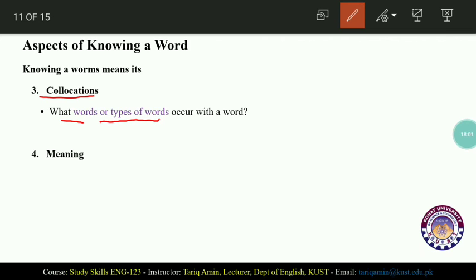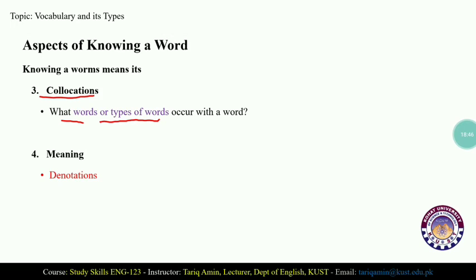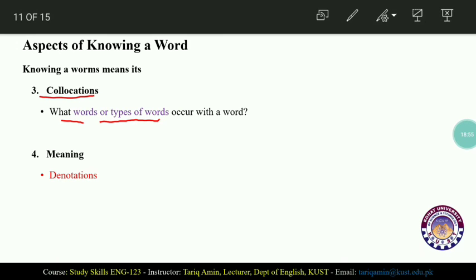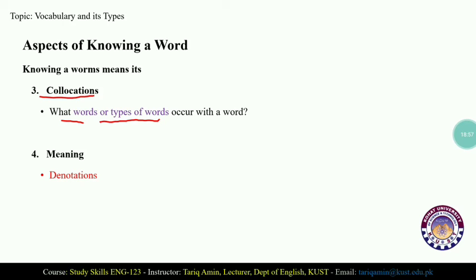For example, pretty girl. Then meaning: denotations. You should know the denotation of a word. Denotation means you should know the dictionary meaning of a word, and connotations mean you should know the connotation, as the connotations are the extra meaning that we attach to words.